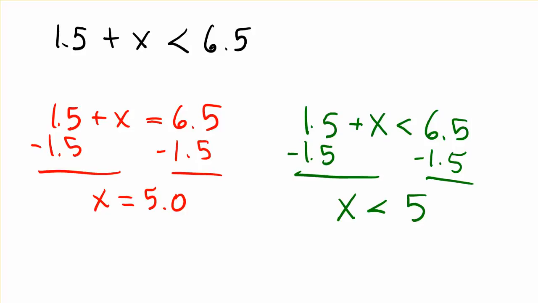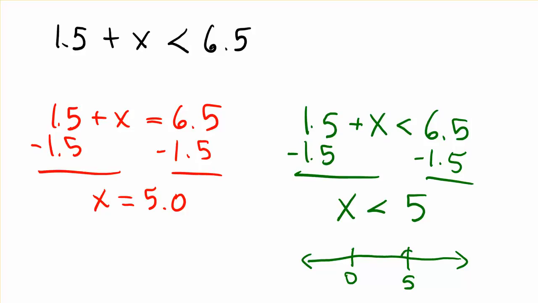Now, what that means is that x could be any value that is less than 5, and we typically represent the solutions to an inequality on a number line. And we would have 5. You don't need to write all the numbers there. You just need to have a 0 and whatever that number is. And since it doesn't say equal to 5, the number has to be less than 5.